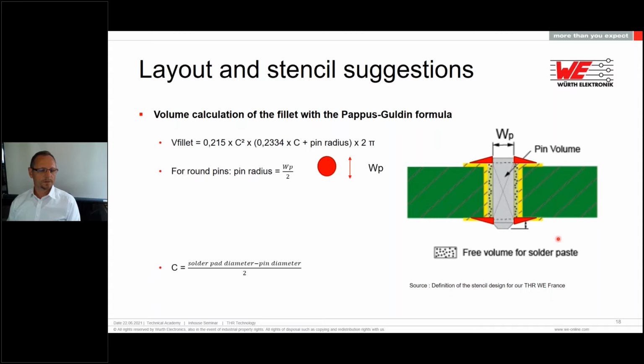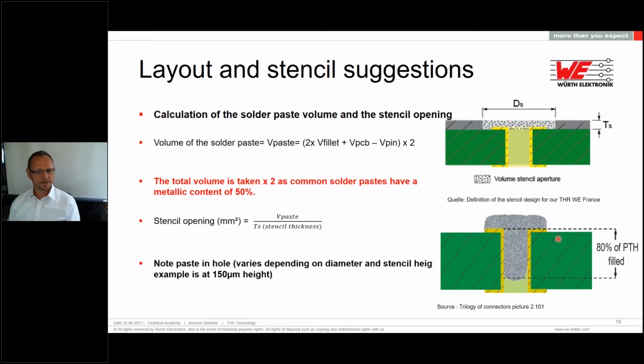I will not run through the whole formula, but here's an important sentence that you can see marked in red. As mentioned, about 50% of the volume will be gone after soldering. So that means in our calculation, we have to double the amount that we just calculated.